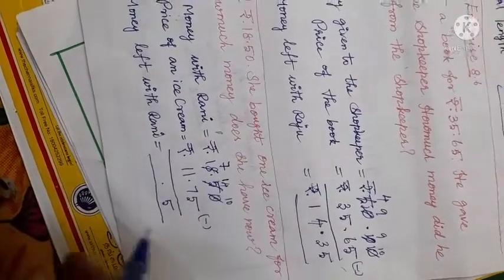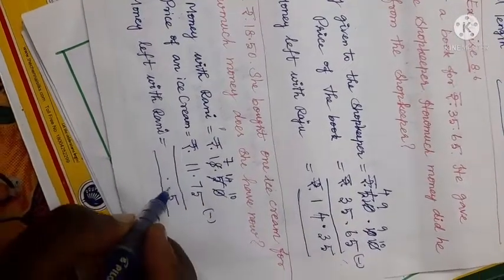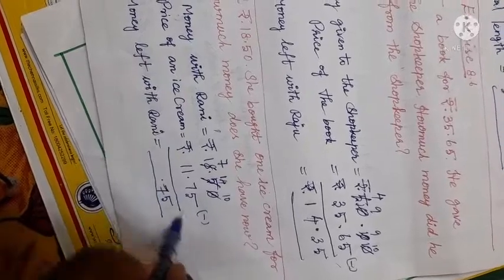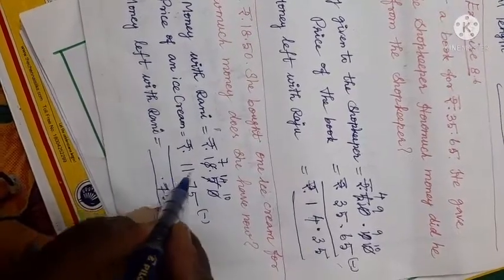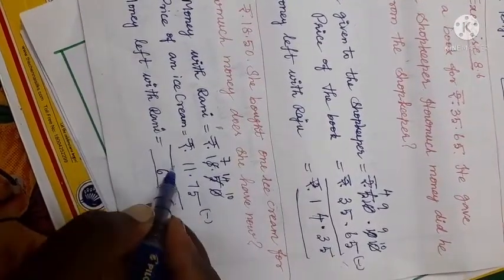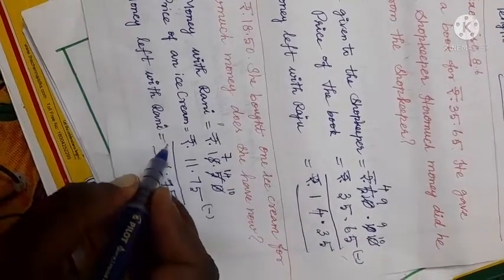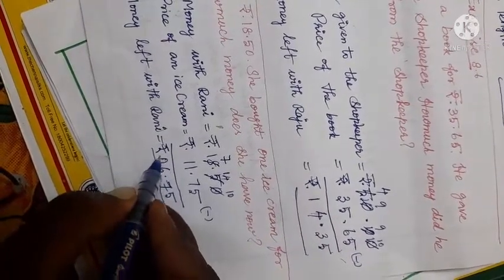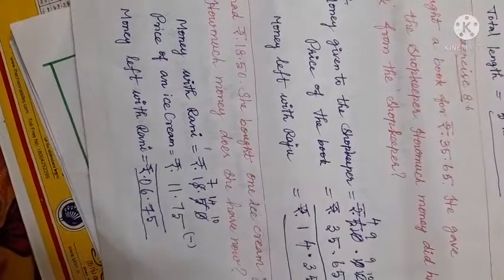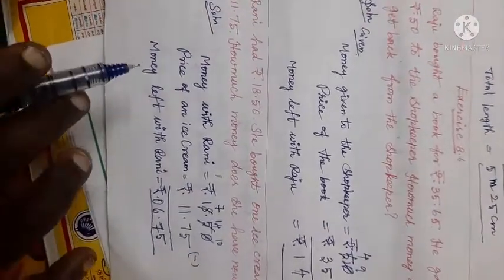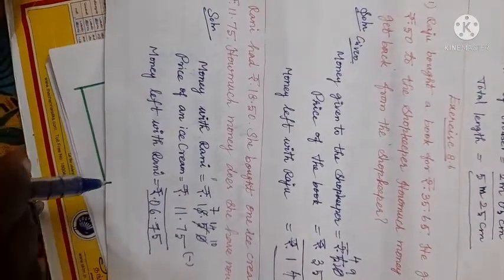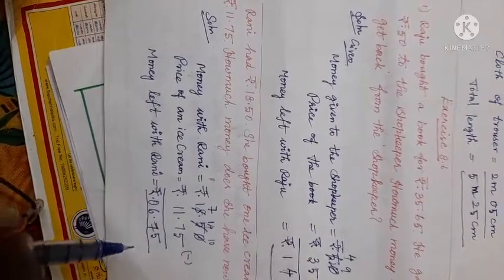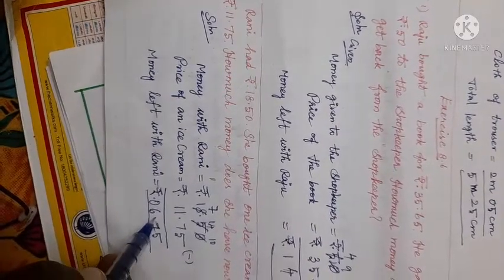This will become 14. 14 minus 7, 7. 7 minus 1, 6. 1 minus 1, 0. So 6 rupee 75 paise. Money left with Rani is 6 rupee 75 paise.